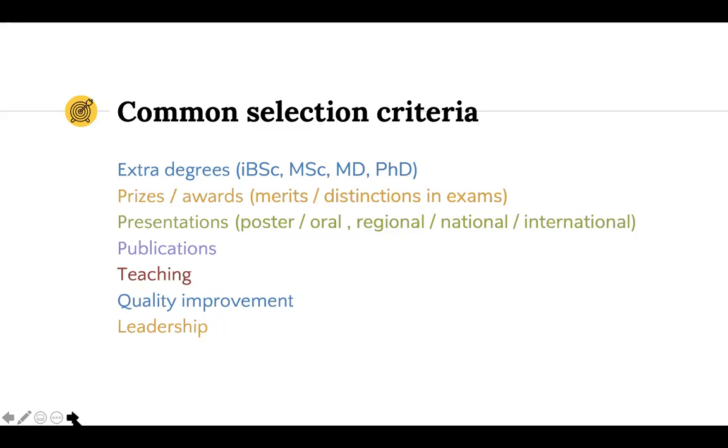PDSA stands for Plan, Do, Study, Act. It's a cycle of a quality improvement project. You run through a project once, see what worked and what didn't, and then run through it again, and you will get the maximum number of points. For medical training, the points are out of 10, and if you do 2 cycles and present this quality improvement project, you can get 10 out of 10.